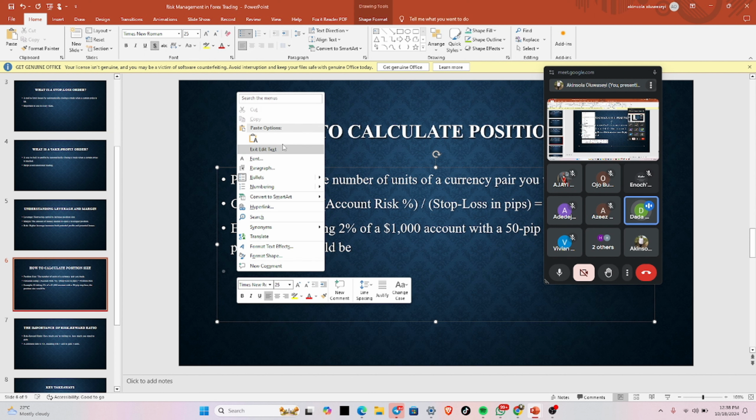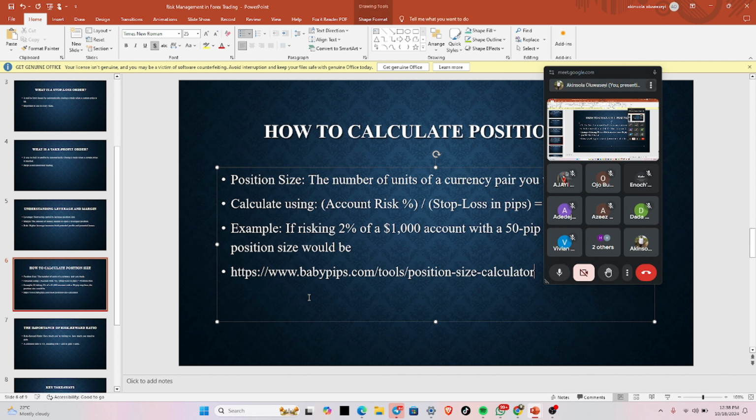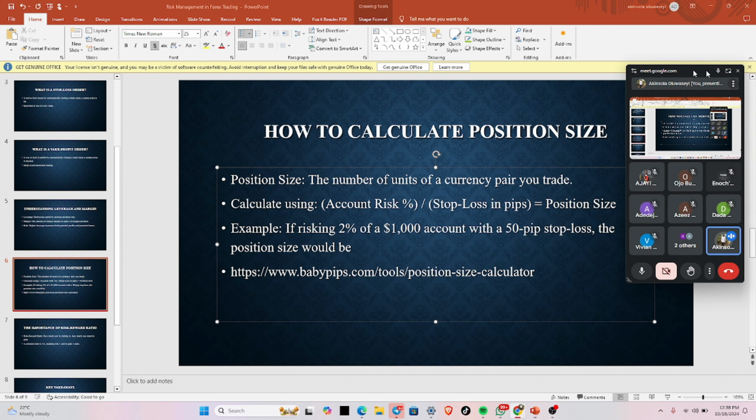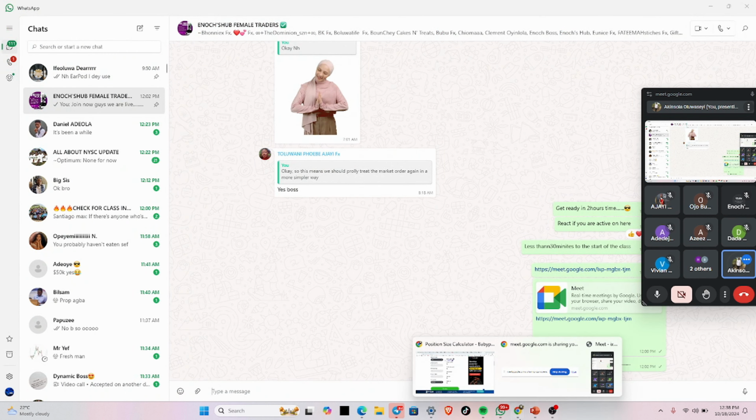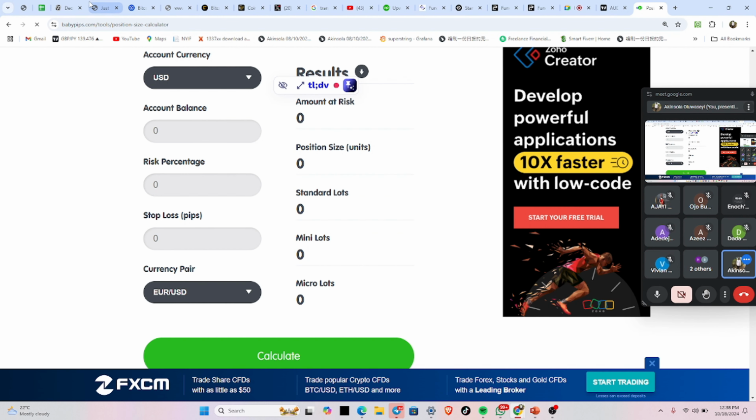Now, if you want to calculate the lot size you have to use without guessing, all you have to do is check online, you write babypips.com.